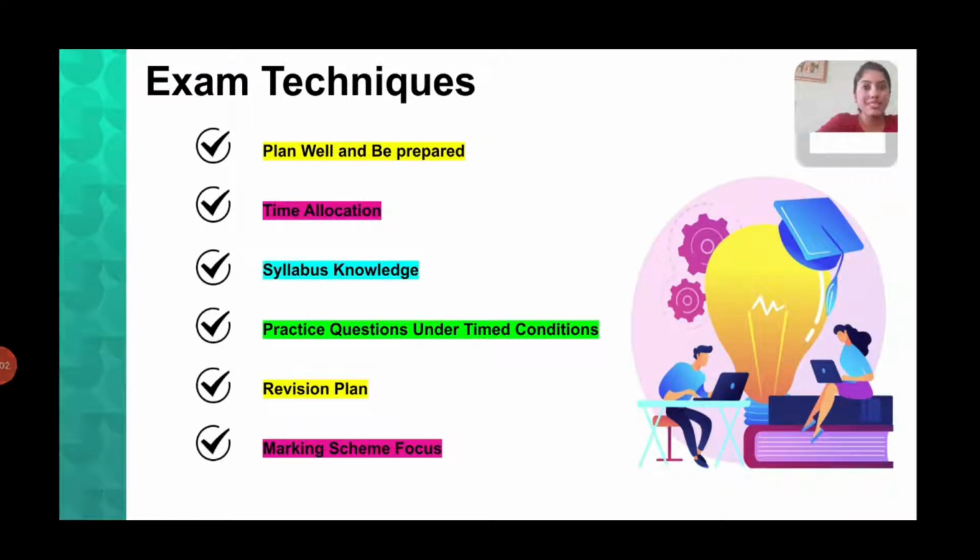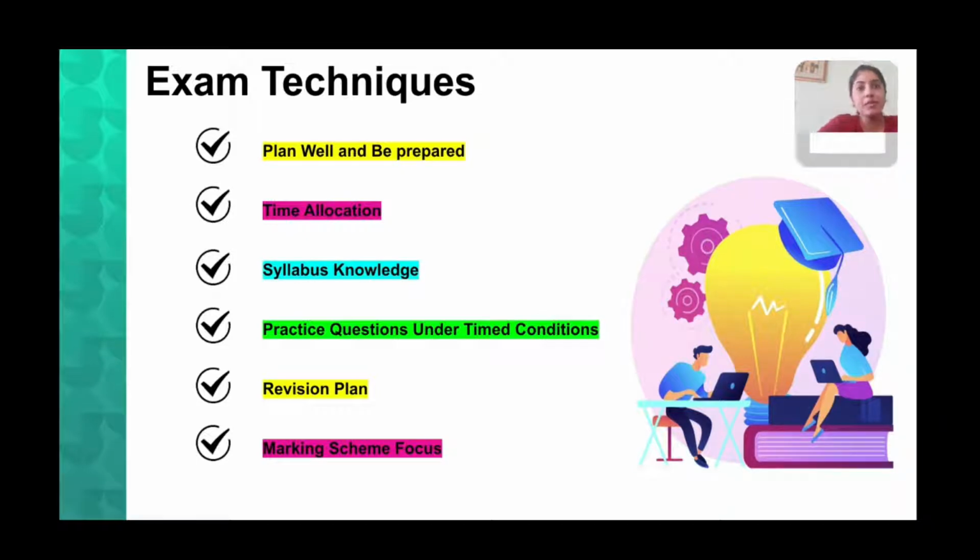So, now let's take a look at the exam techniques we need to know to pass our exam successfully. First thing is plan well and be prepared. I know most of the students plan at the last minute and then they have no time to prepare, no time to practice questions, all of those troubles.